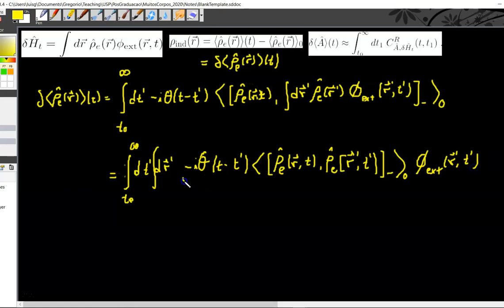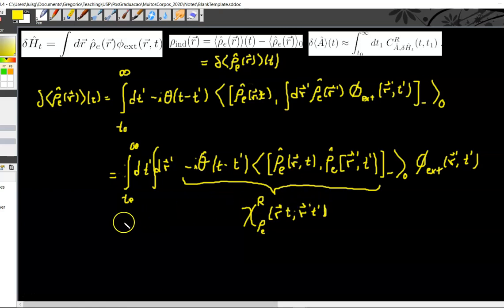And this is what I'm calling the susceptibility, the dynamical susceptibility for charge. Let's call this chi_rho_e, and it depends on r and t, and r prime and t prime. So this is, of course, a retarded function, and that's what I'm calling it here. And this is, of course, the induced charge.